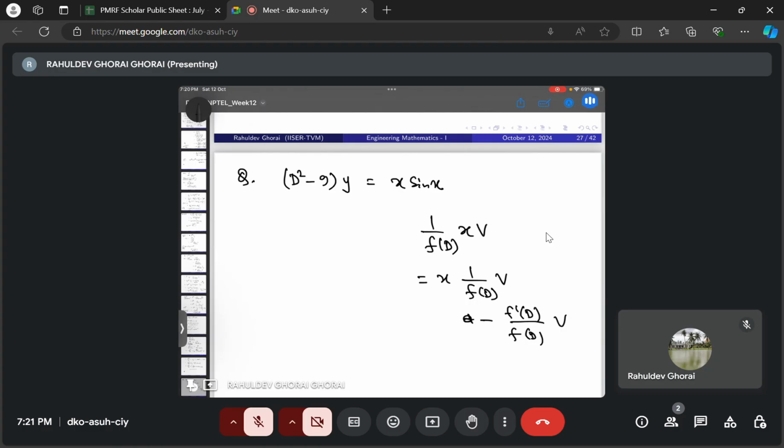Because if you have x square, then this derivative will be more and all those things will be more. So I'll be giving you the general one also. One minute, I'll give you the general also.